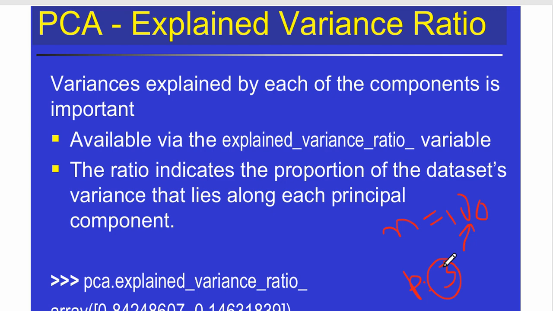So without losing the actual data of the given data set, we try to find the optimal number of components. For that we use something called the explained variance ratio variable.